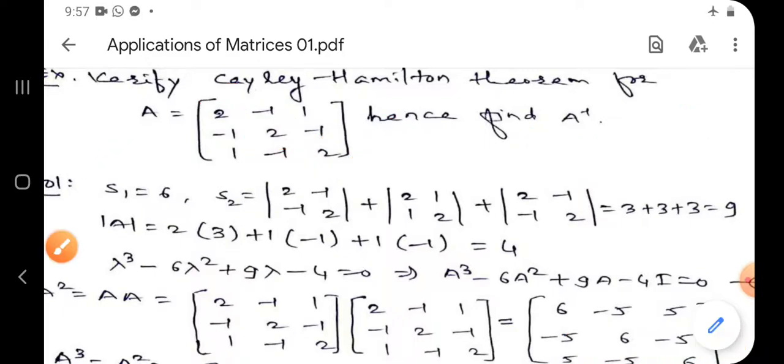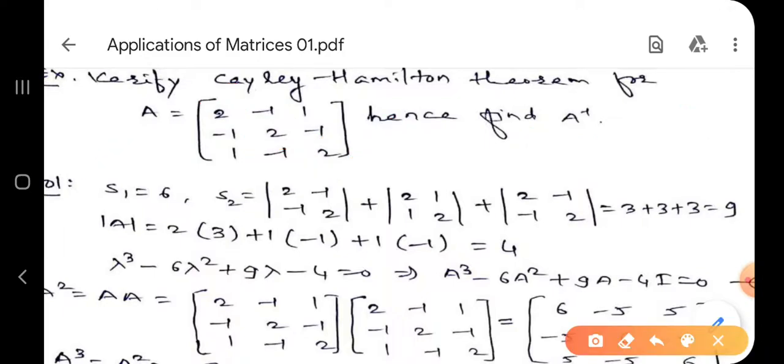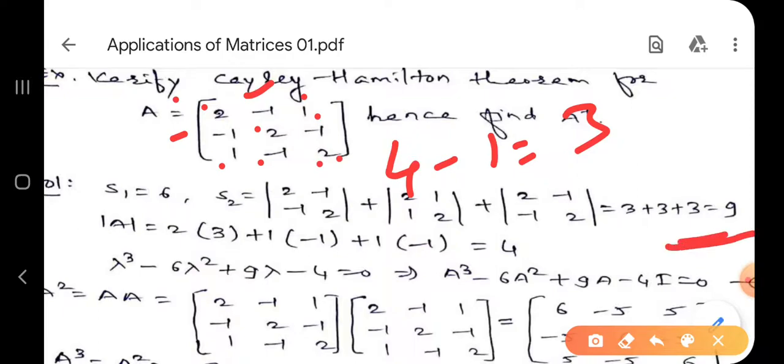Then s2, we know how to find s2. Minors of diagonal elements. So here first minor, 2 minus 1, minus 1 2. Second, again 2 1, 1 2. Third, 2 minus 1, minus 1 2. And if you solve this, 4 minus 1, it is 3. Here also 4 minus 1, 3. And 4 minus 1, 3. So it is 9. Yes, s2 is 9.